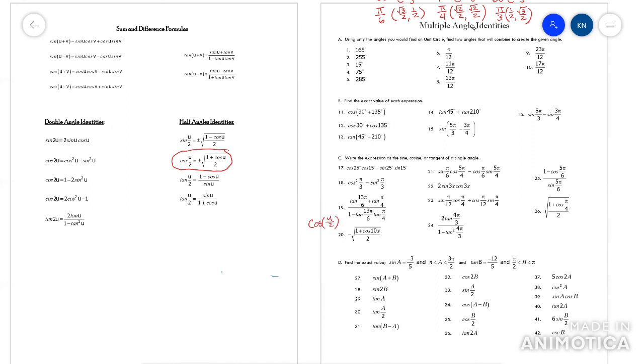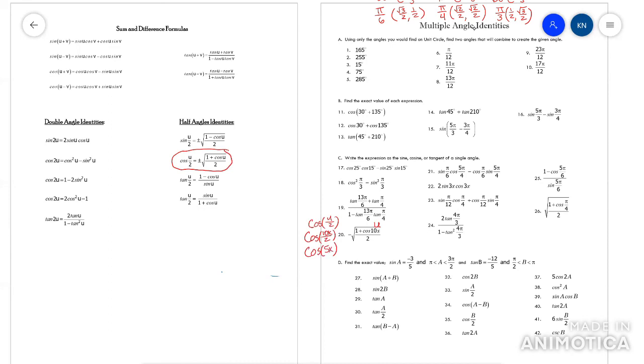And so your u is right here. It's just 10x. So it's really like cosine of 10x over 2, because this was u right here. And so 10 over 2 is 5, so this answer is just cosine 5x. Nothing to it.